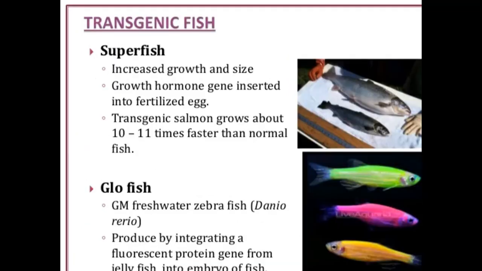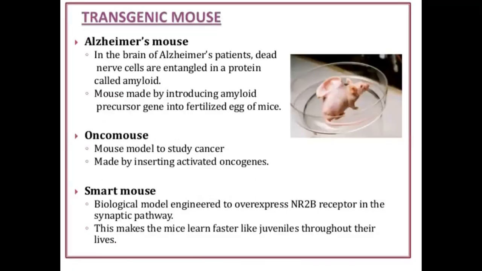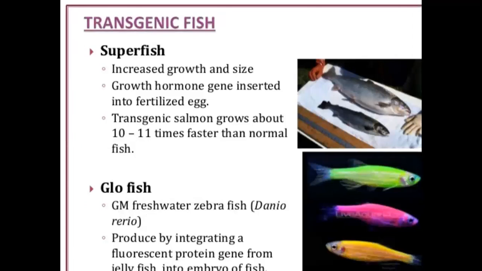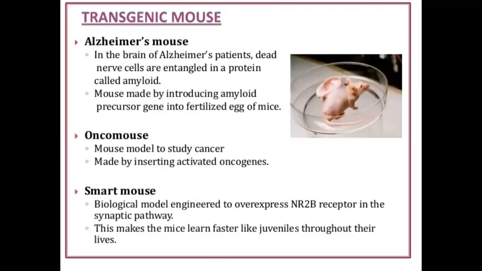We can do transgenesis by integrating the fluorescent protein gene from the jellyfish into the embryo of the zebra fish, and thereby we can get more protein, and they also produce substances with an anti-carcinogenic effect. Then we can also do the transgenesis process in mice, for example the Alzheimer's mouse.